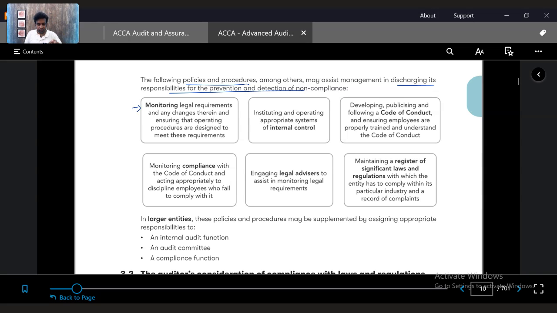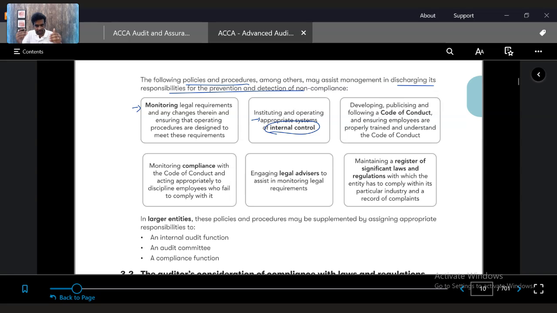Regular monitoring of new legal changes, and ensure that those new changes have been implemented in the business. If there are new changes that have come up, then they have to be implemented in the business. Having strong internal control and systems, like if there is any kind of non-compliance, the controls will identify that this is not complied with, because they will have proper systems, be it a manual system or an automated system.